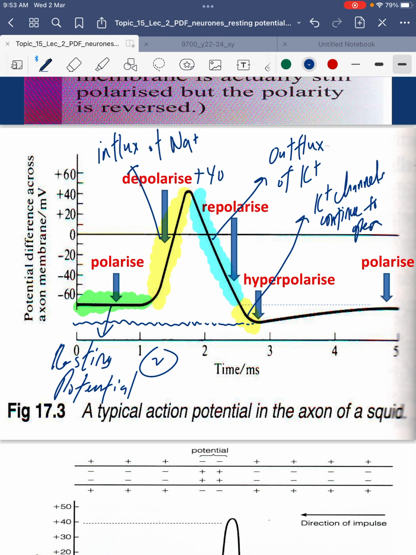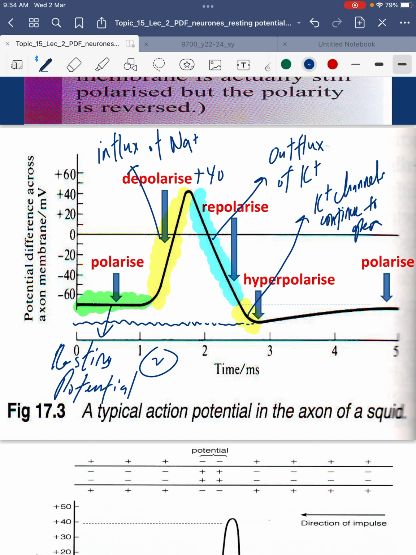They're not closed yet, so it becomes even more negative from the outflux of potassium ions. It's like pressing the brake pedal too late; it's still taking time. When the potassium channels are completely closed, then it will go back to minus 70 millivolts.